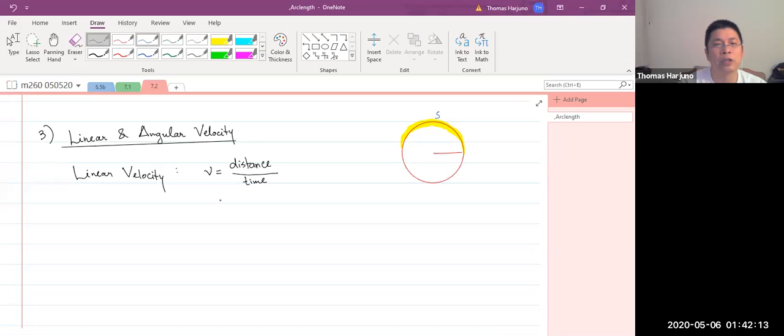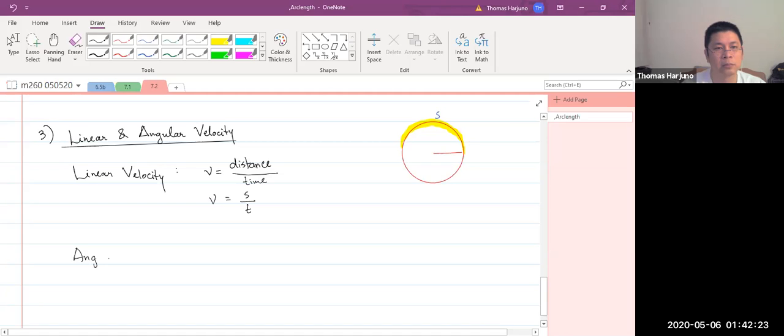So v is S over t, while angular velocity, omega, that's the notation, is the angle traveled over time. So omega equals theta over time.